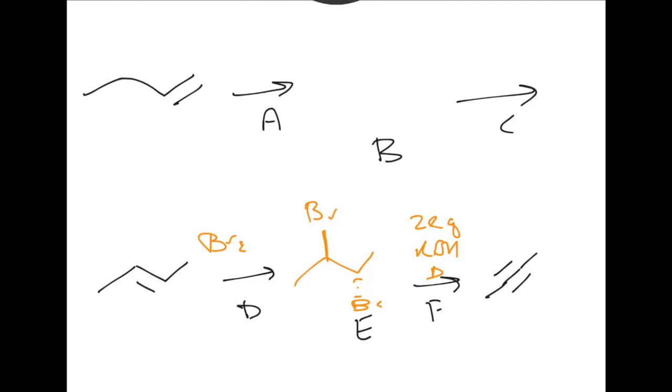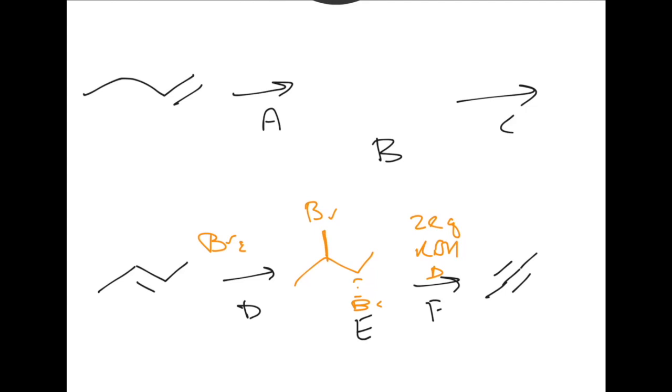Now, how can we get from a terminal alkene to an internal alkene? There are 2 ways that you can do this. So let's think about how you know how to make an alkene. Sulfuric acid and heat, right? But what does that have to react with?